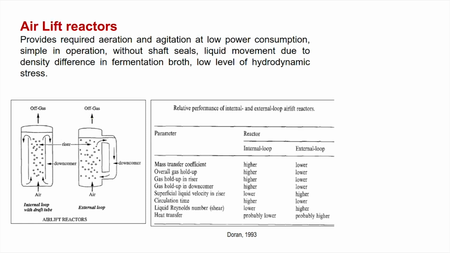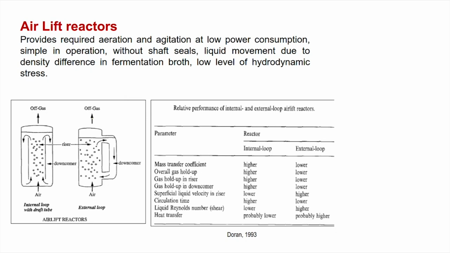It is said that the outer loop improved gas liquid mass transfer of oxygen. Because air is being sparged and that's why. In both the cases air is being sparged.